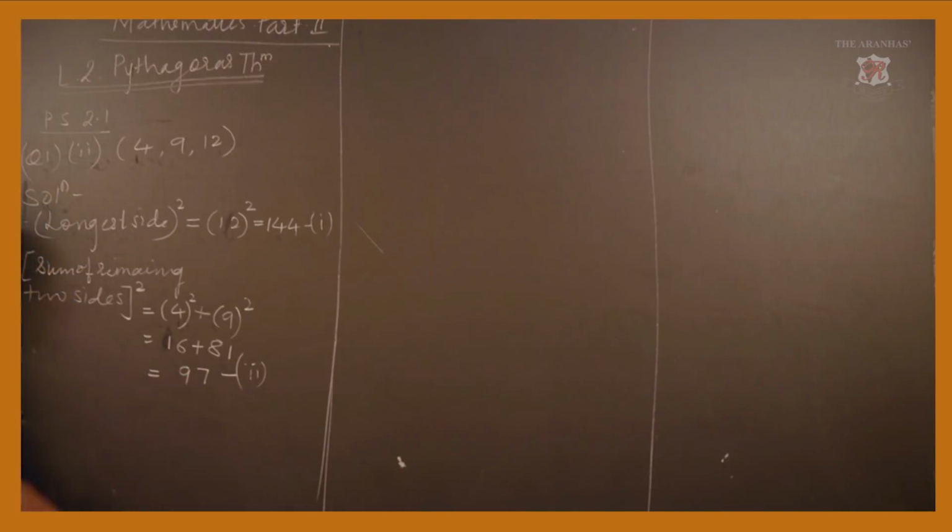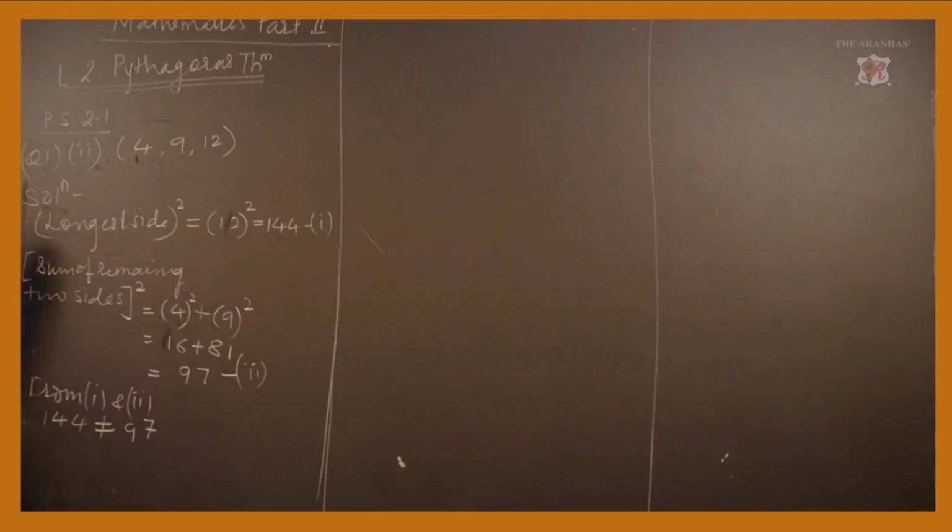Let us see now, we have both values. The square of the longest side is 144, and the sum of the squares of the remaining sides is 97. Just compare them, from 1 and 2, what we get: 144 is not equal to 97.